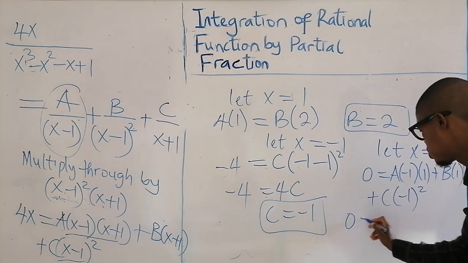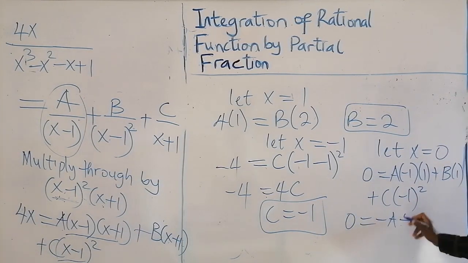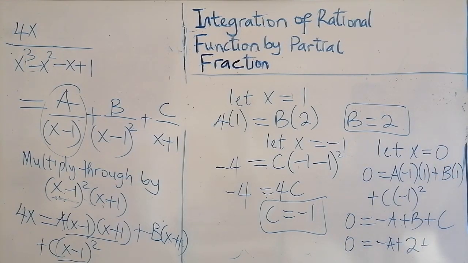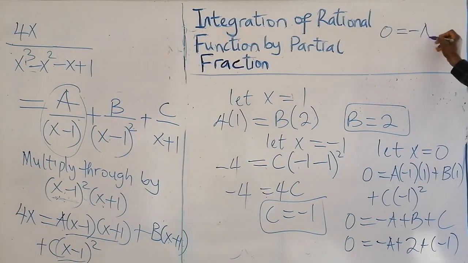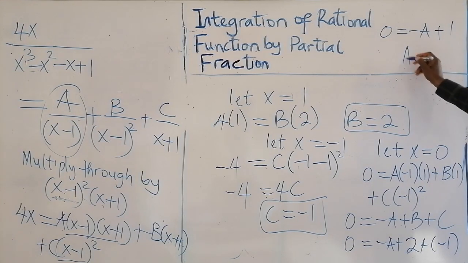So we're going to have 0 equal to minus A plus B plus C. Then we have value for B, we have value for C. So it's going to be 0 equal to minus A plus 2 minus 1. So 2 minus 1, that's 1. So I have plus 1. So A is 1.